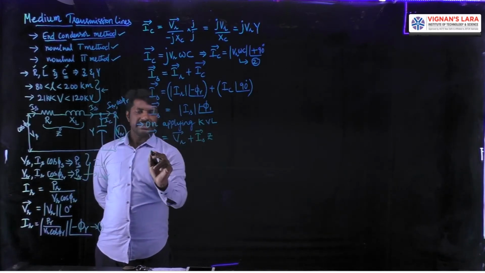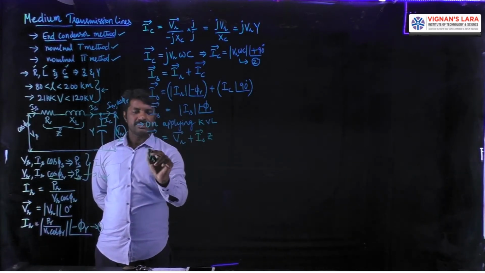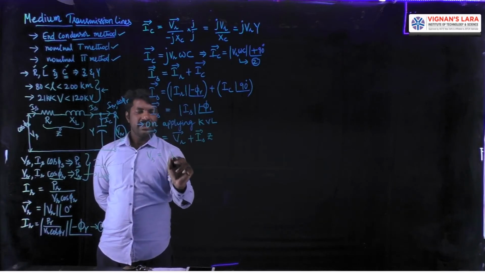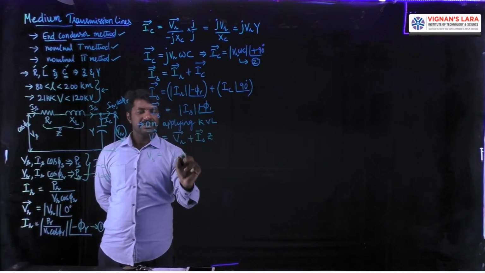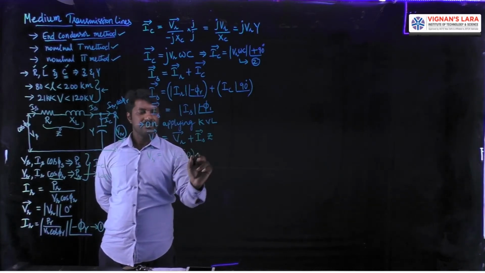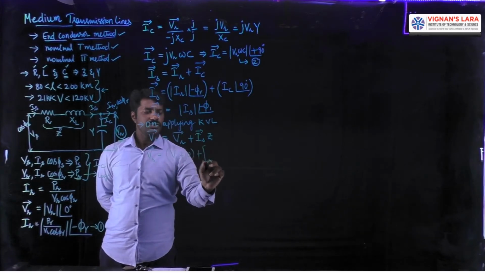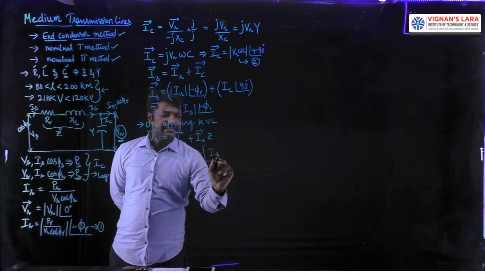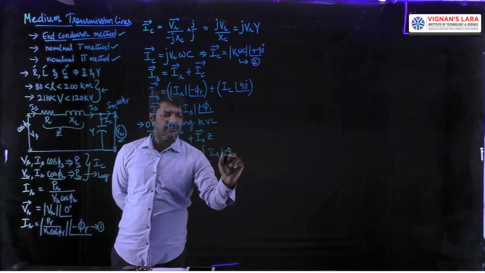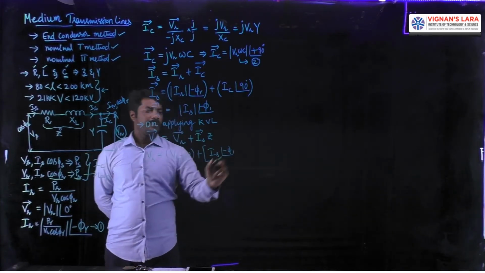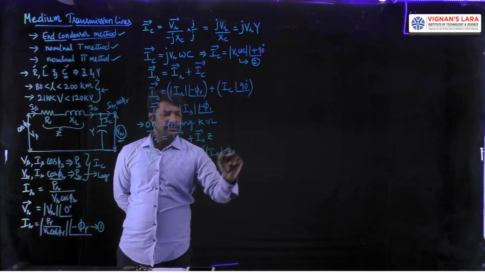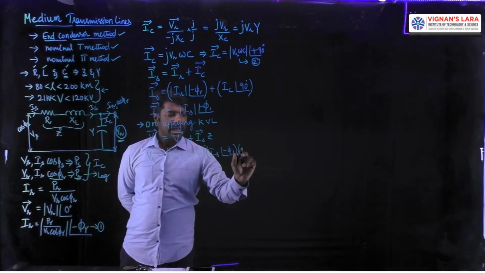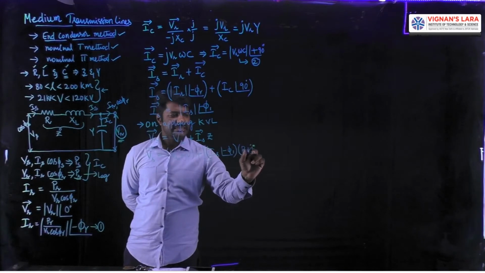So substituting the values, you will get Vs as VR plus j0, because VR is taken as reference in our notation, to be added with the drop. The drop is the current IS making an angle of minus phi 1 multiplied with R plus jXL, like this.